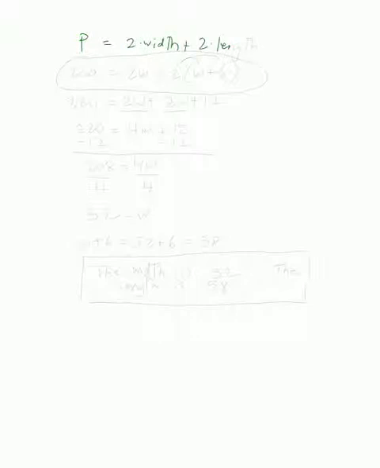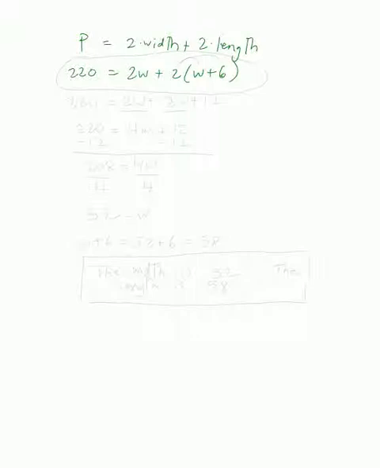Therefore, the perimeter, as we always know, is twice the width plus twice the length. But let's fill stuff in. We know the perimeter is 220. The width is W, and the length is W plus 6.